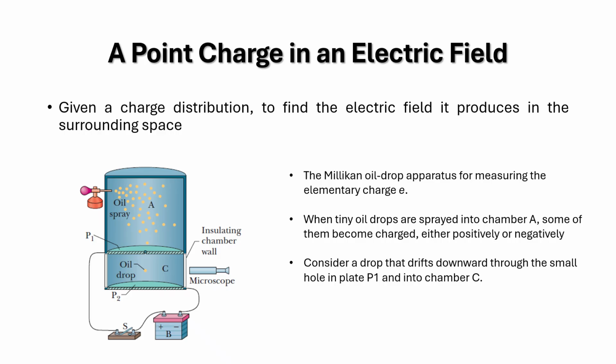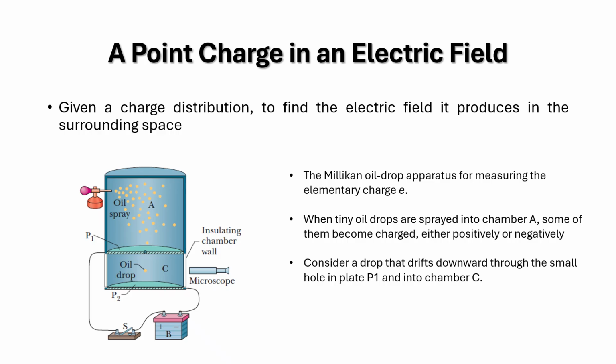When a tiny oil drop is sprayed into the chamber, some of them become negative or positive, because here we already applied the electric field on the surface. So that's why it becomes charged.